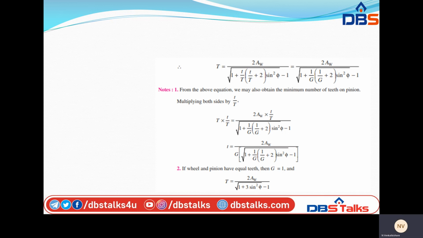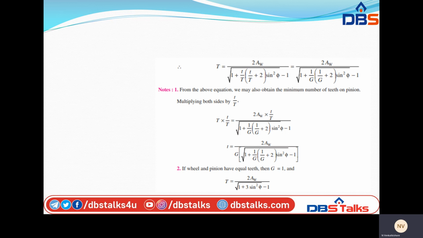Then here also, the minimum number of teeth on the wheel is to be finally found. At the same time, the G value, that is gear ratio, if the wheel and the pinion have equal number of teeth, then G will be equal to 1. So what is the value means?